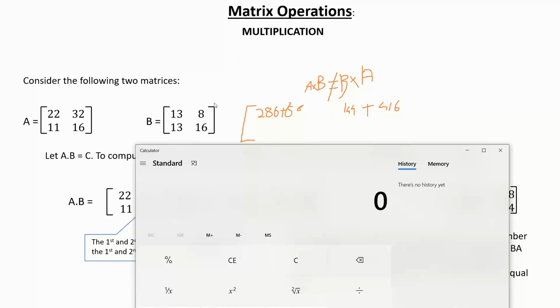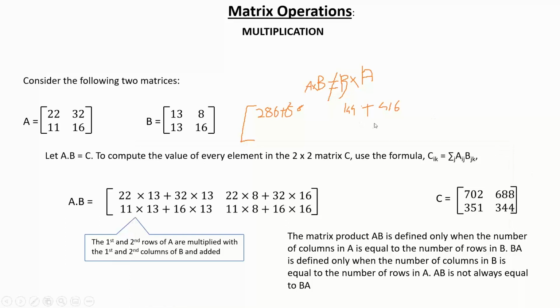So 13 into 32 plus 8 into 16. So 32 into 13 is 416 plus 144. So it will be 560. Yes, so I was right actually.